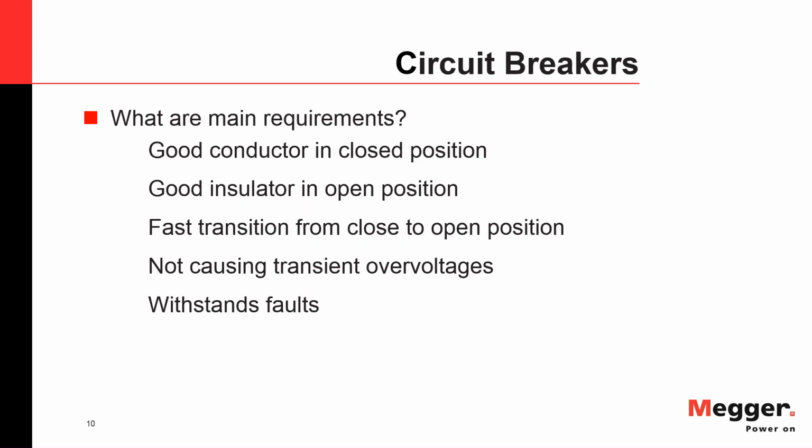Initially, when circuit breakers were introduced in the early 1900s, there was a big discussion if that is even an advantage. Nowadays, with these fast mechanisms and spring-loaded mechanisms, they are way faster than any human could mechanically switch. When the circuit breaker is operating, it should not cause transient overvoltages.